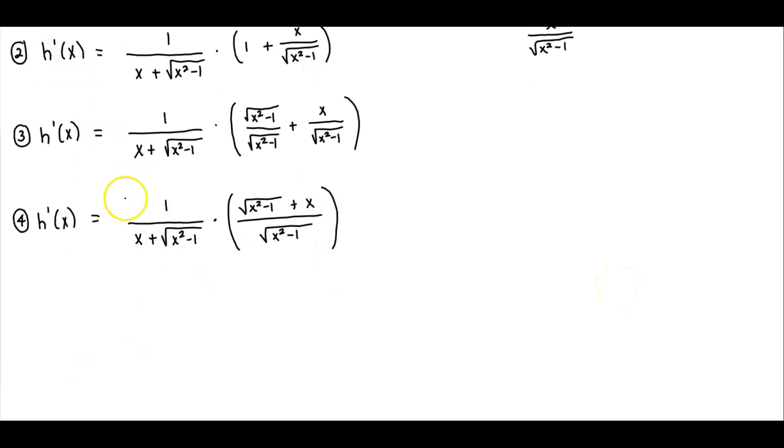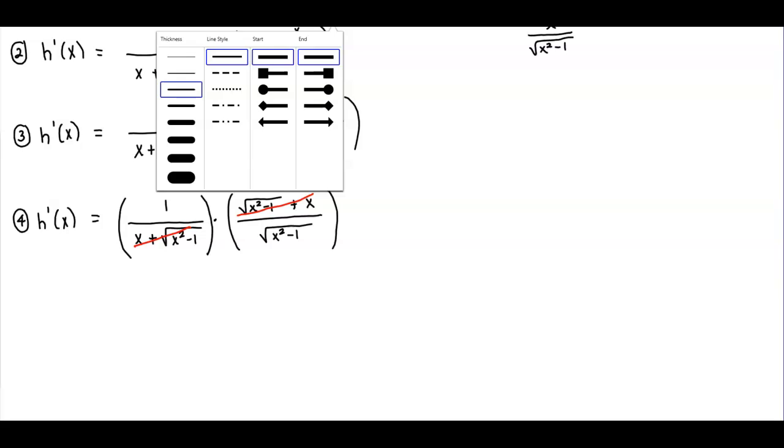So notice here that if we're going to multiply these two together, is there anything that we can simplify? Well, if you notice here that this x plus the square root of x squared minus 1 is the same as this square root of x squared minus 1 plus x. Since we're multiplying, then we can actually simplify those.